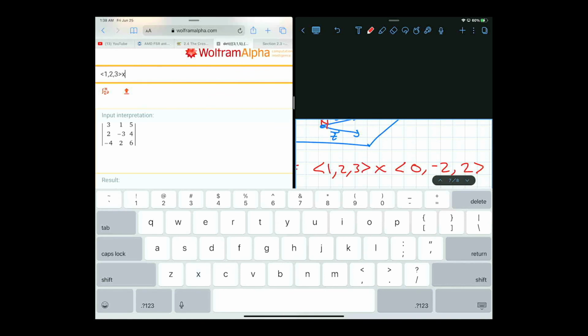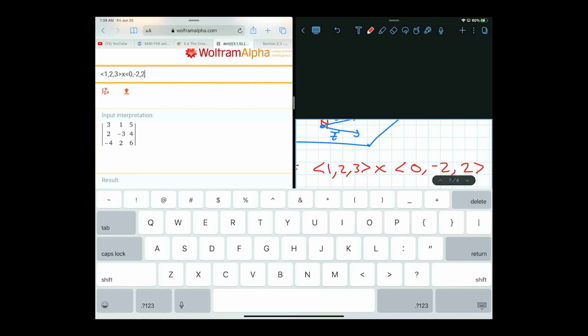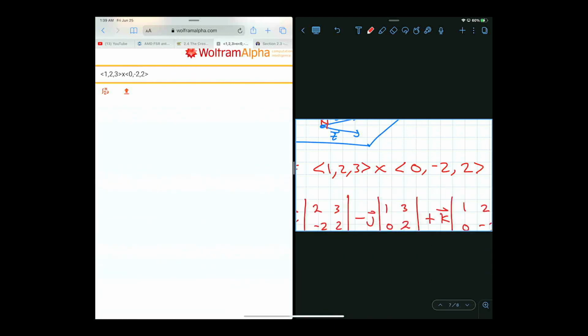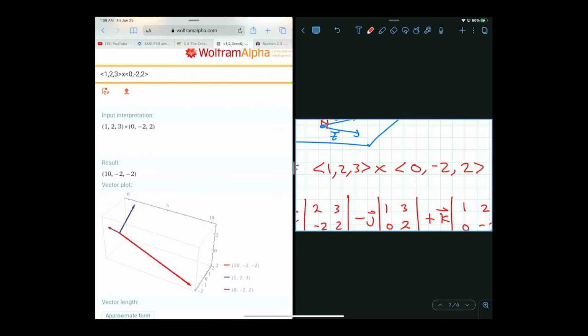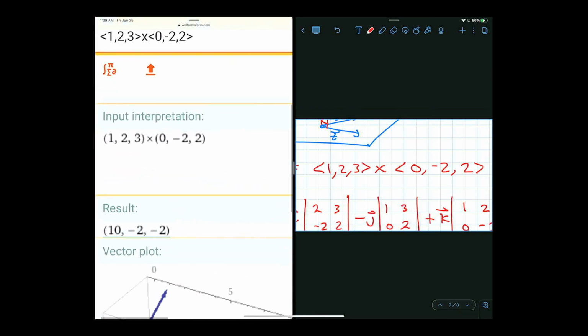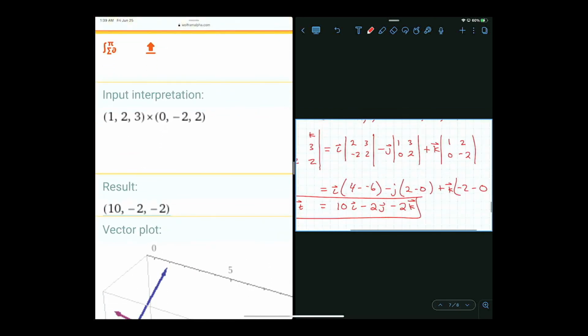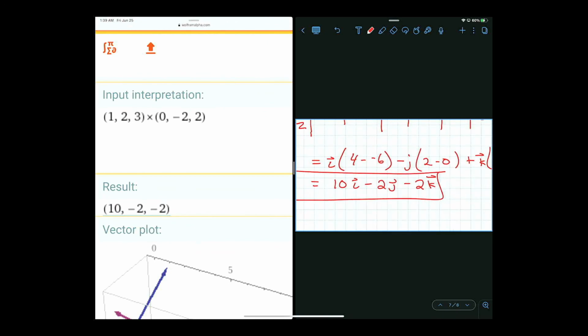I'll type it in with a cross, hit enter, and we'll see if it knows it's a cross product. It does. And of course, we get our answer: 10, negative 2, negative 2. Just like that.